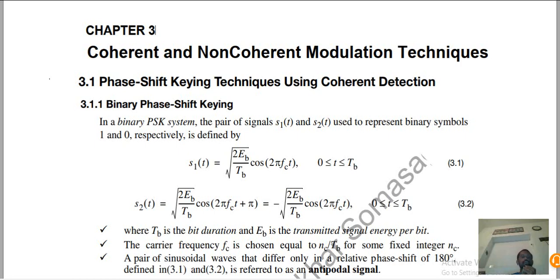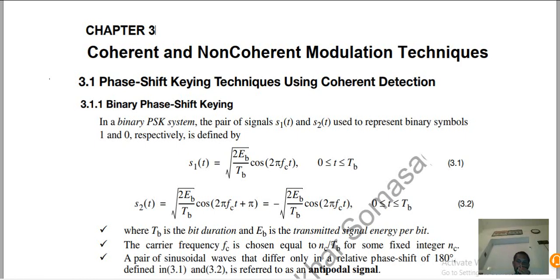And the symbol 0 is represented with the signal S2 of t, equal to square root of 2EB by TB cos 2 pi FCT plus pi, which is represented in the same way as S1 of t, but it has a phase shift of pi or 180 degrees. This simplifies to minus square root of 2EB by TB cos 2 pi FCT over one complete duration of the signal.